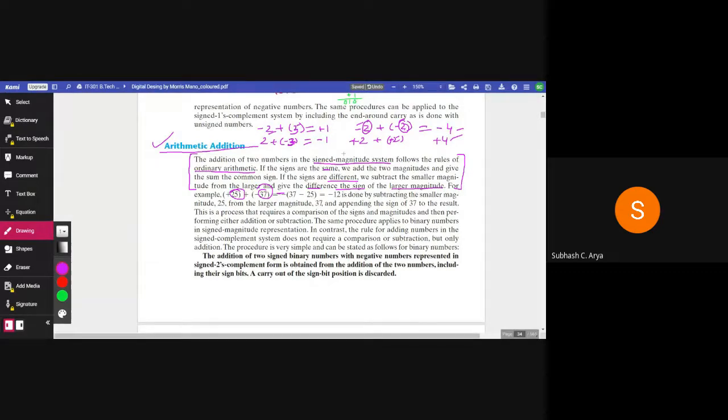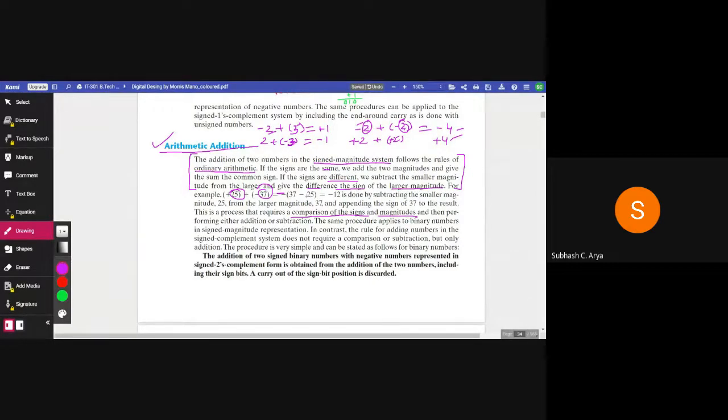Only thing is that we have to deal with binary numbers. But think about what is the issue here. Whenever we are going to implement with the help of computer, there is an issue. There are two processes involved. This is a process that requires a comparison. You have just seen comparison of the sign and magnitude.